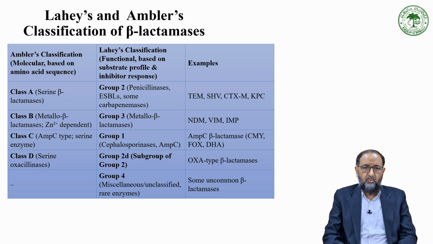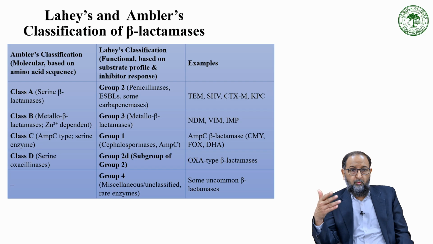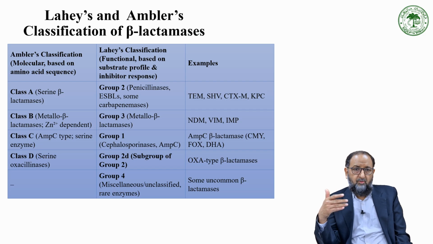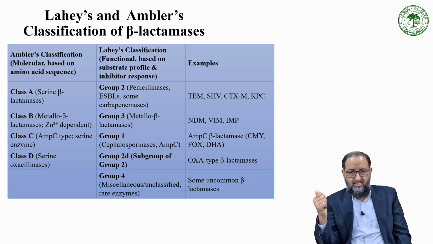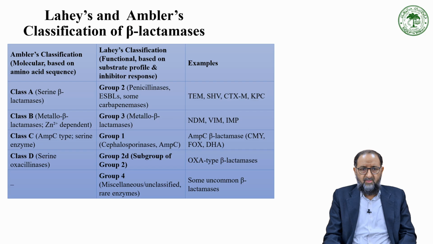So this is an example of both, but they come under group 2 in case of Bush, and in case of Ambler class B, it is NDM, VIM, IMP, which are metallo-beta-lactamases. We call them group 3 in case of Bush's classification. Class C AmpC type serine beta-lactamases come under group 1, the cephalosporinases, and AmpC.